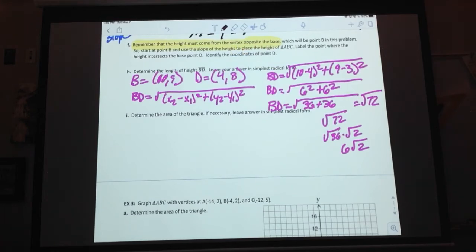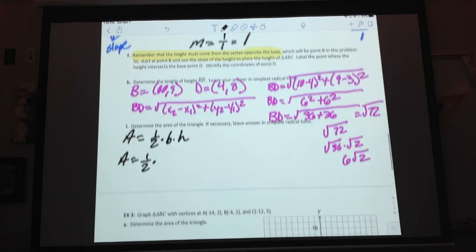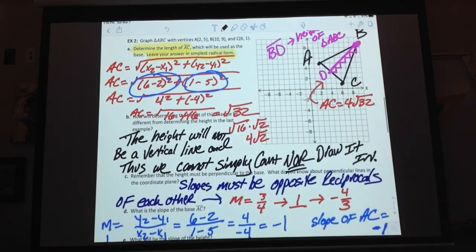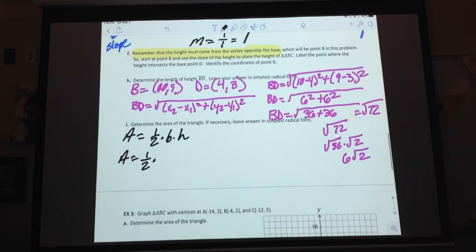So, area for this, remember, is 1/2 times base times height. So 1/2 times, our base distance was 4 square root of 32. So 4 square root of 32 times my height, which is 6 square root of 32.